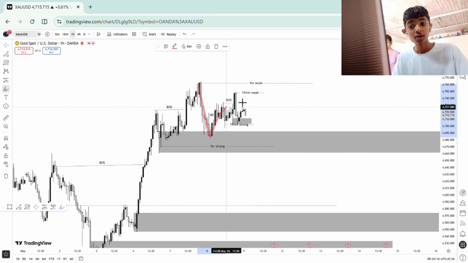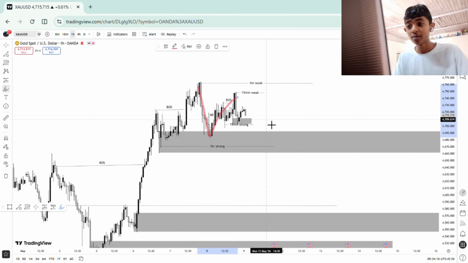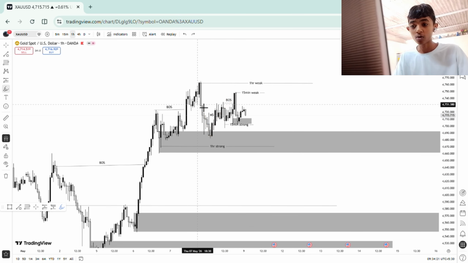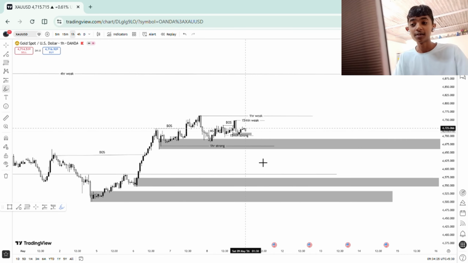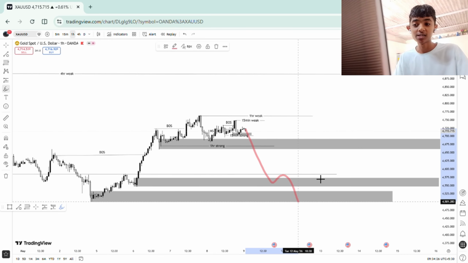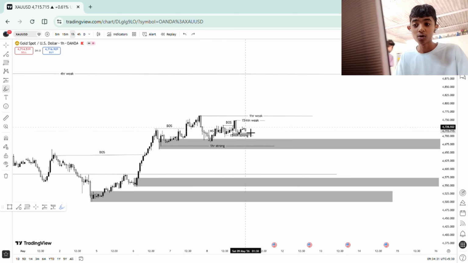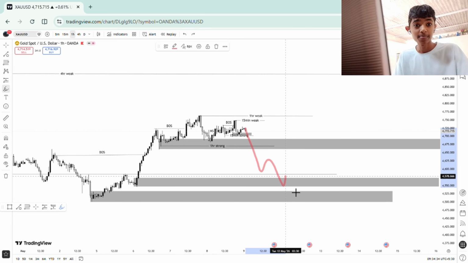But if you are more conservative, you can wait for price to come to one of these points of interest, then wait for a liquidity sweep or whatever other criteria your entry model says. For example, you want a liquidity sweep, you enter after the liquidity sweep, or you enter after a market shift, and then you enter here. Either or. If you want to enter on the extreme point of interest, you can enter on the extreme point of interest.